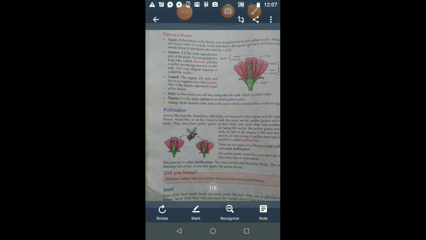Now student, the important parts of a flower: sepals, petals, stamen and carpels. These are the important parts of a flower. Is it clear? Now see student, for pollination, the male reproductive part and female reproductive part of the flower are required.